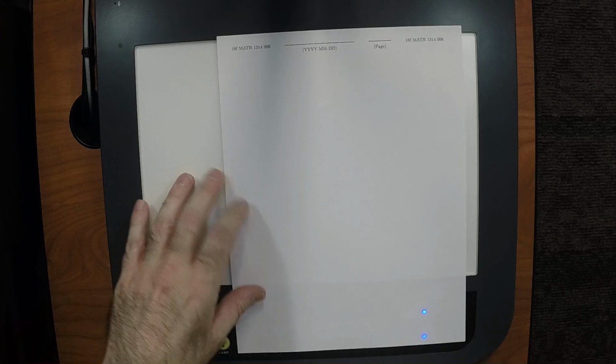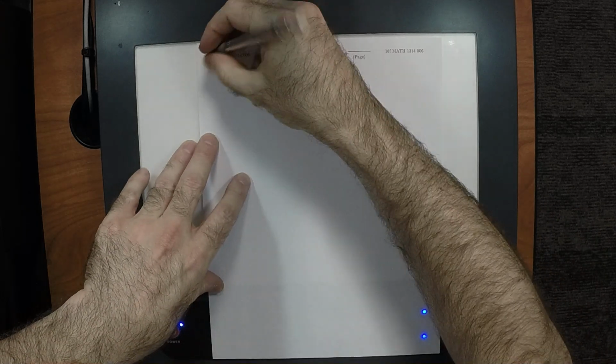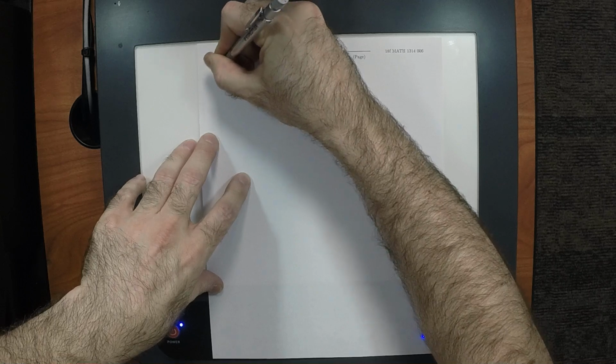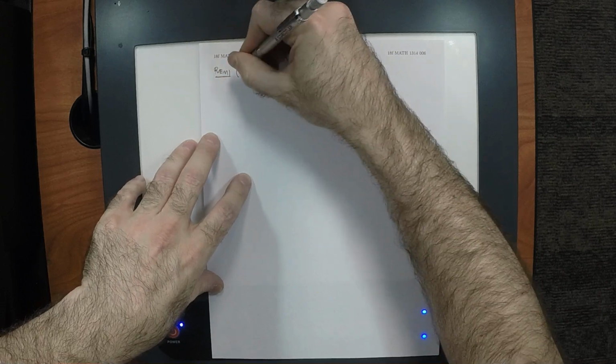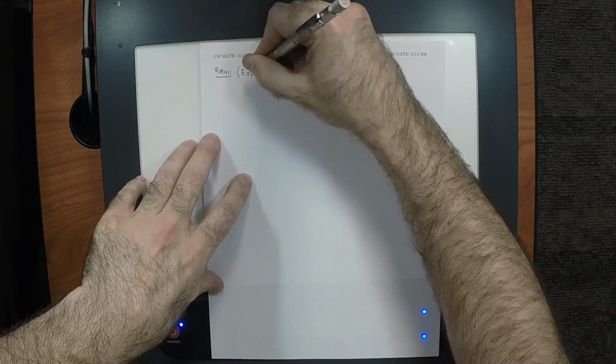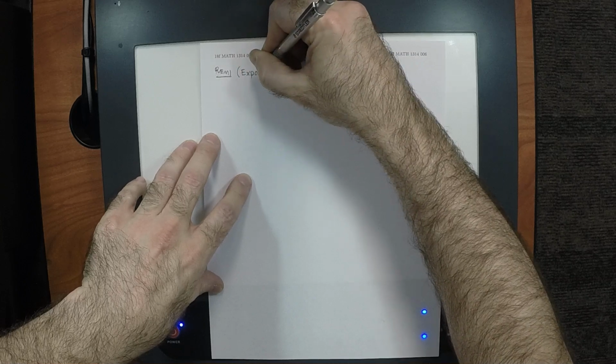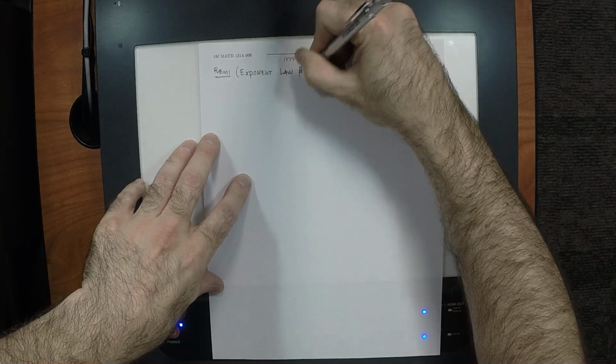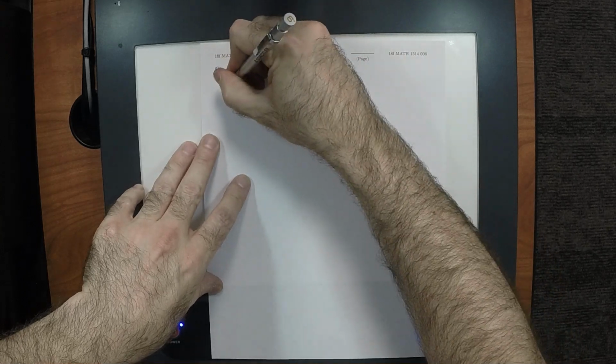All right. Last one we have time for today is how about this one? So this is like Exponent Law Number 4 or something. So now I need two reals.